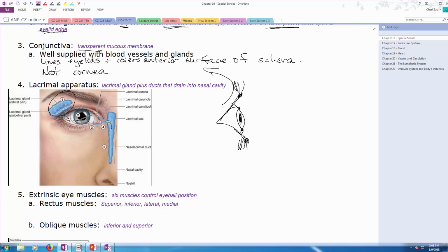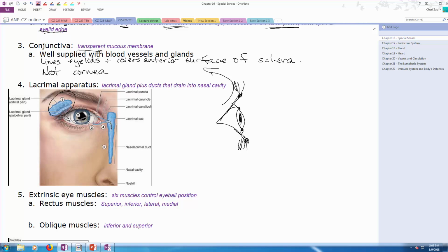And so it's actually pretty cool because what that means is that the secretions that it makes, which are called tears, or we'll call them lacrimal secretion, but tears is a very common term, run from a superior to inferior and medial aspect. So that's very good in effectively keeping the surface of the eye that's exposed to the world washed and cleaned all the time.